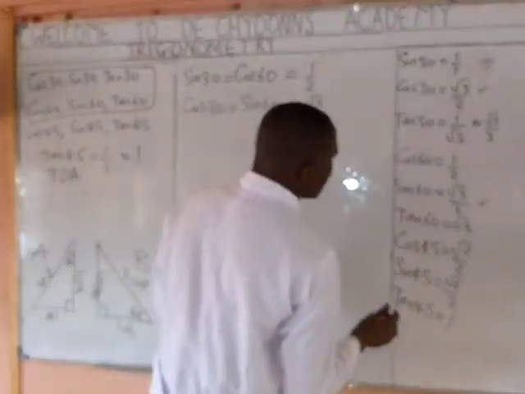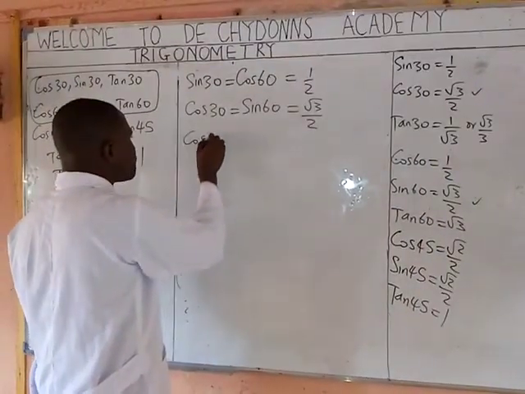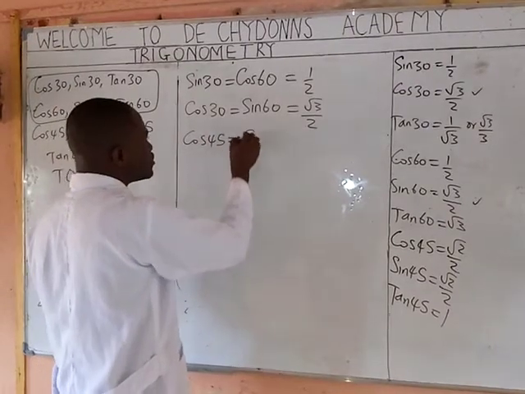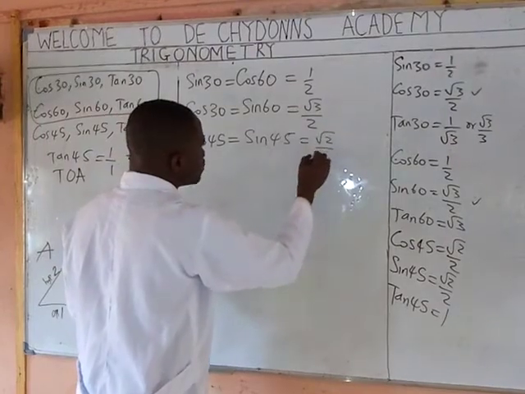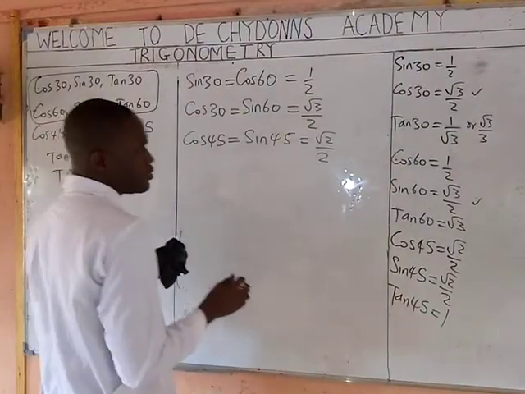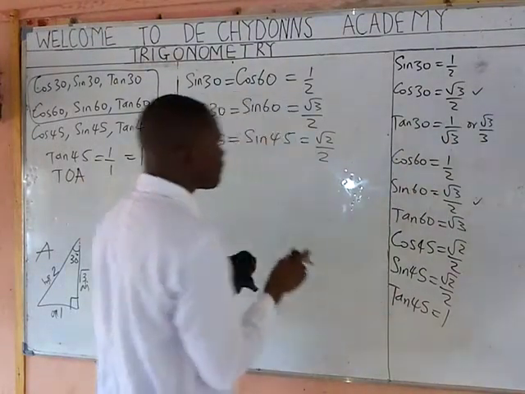Do you notice again that cos 45 is equal to sin 45, and equal to root 2 over 2?